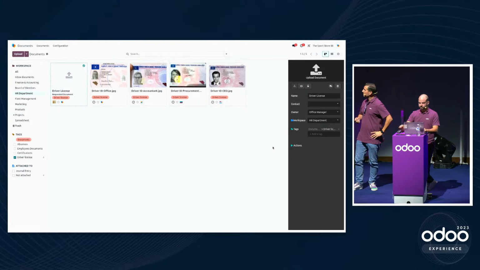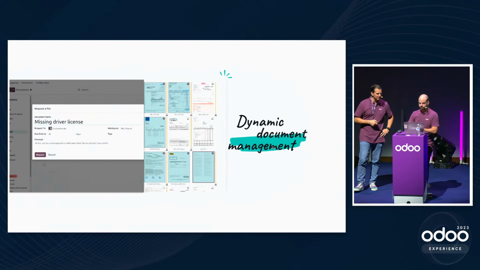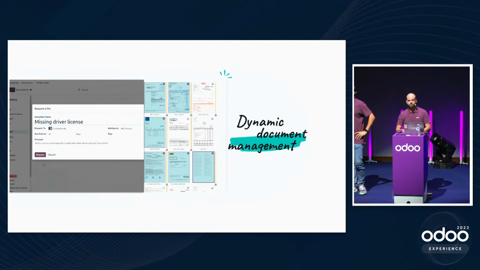I suggest that we have a small recap of everything that we saw as an office manager, because first of all, you've shown that we really have a dynamic document management directly integrated in Odoo. I can easily split my documents, send them to the different departments, and assign them to the right persons. But you can also easily ask for different documents in order to make sure that everything remains centralized in Odoo on the right place, on the chatter of the record.